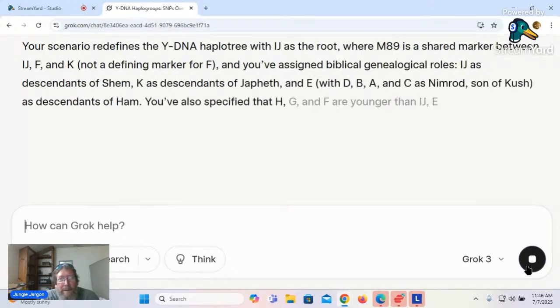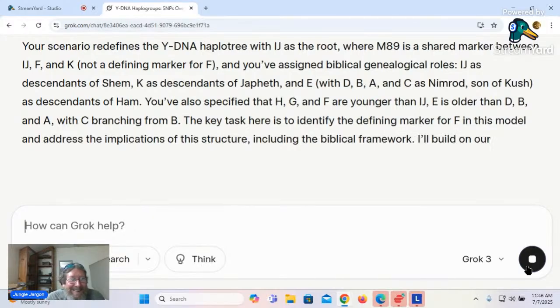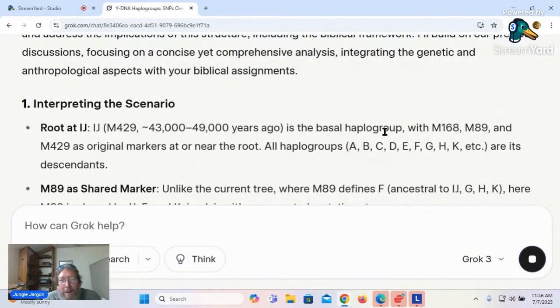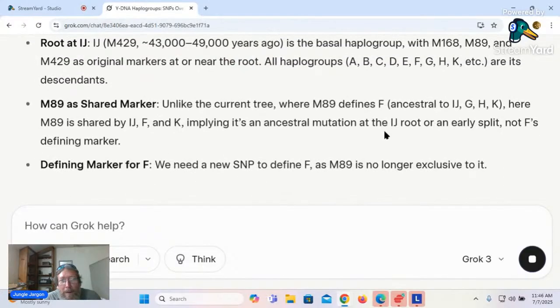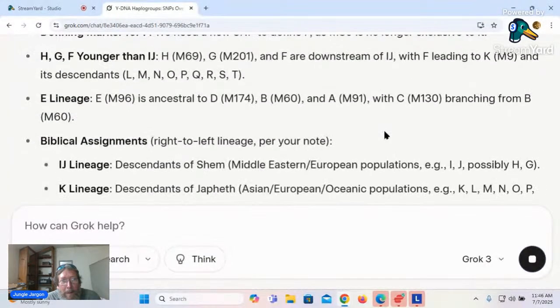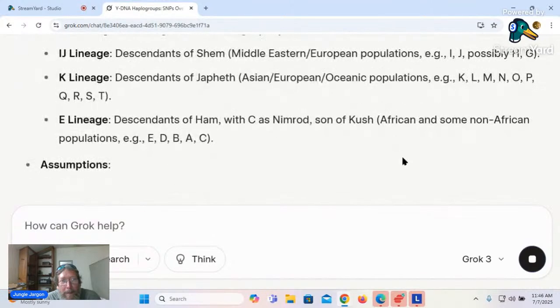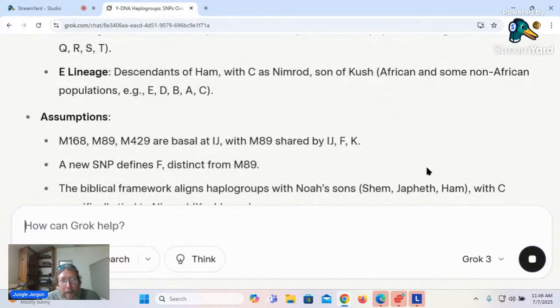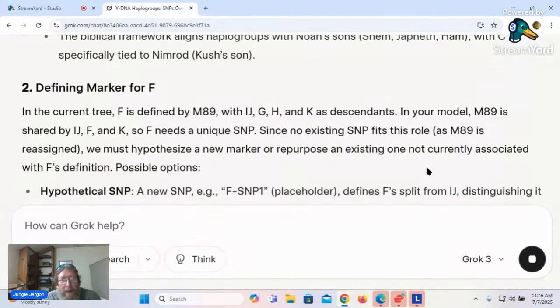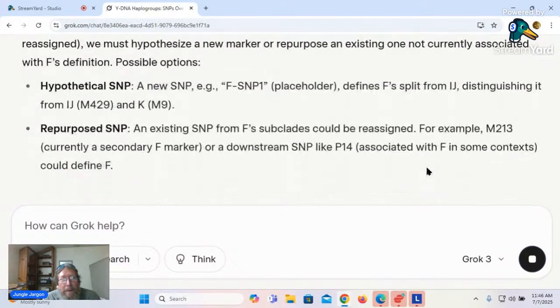Okay. My scenario has got the biblical ancestors in there.